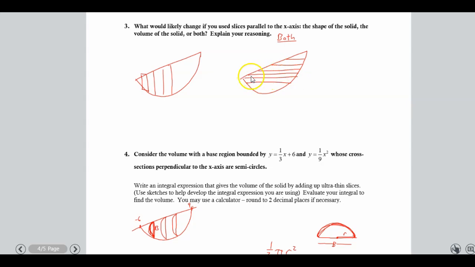So if it's parallel to the x-axis, we're going to get much larger squares coming up, if we're doing squares, than we would on this one, where the longest is right here, but not nearly as big as this one. So it actually changes both the shape and the volume on this one.